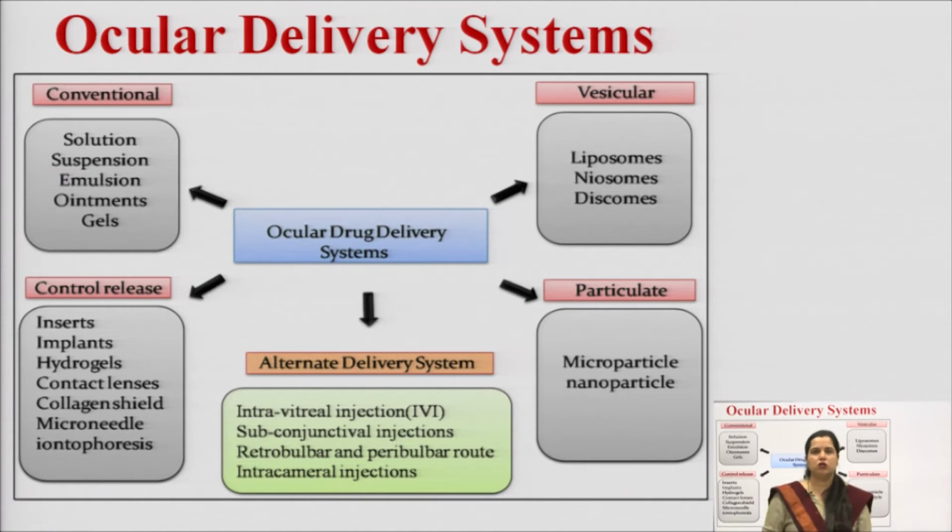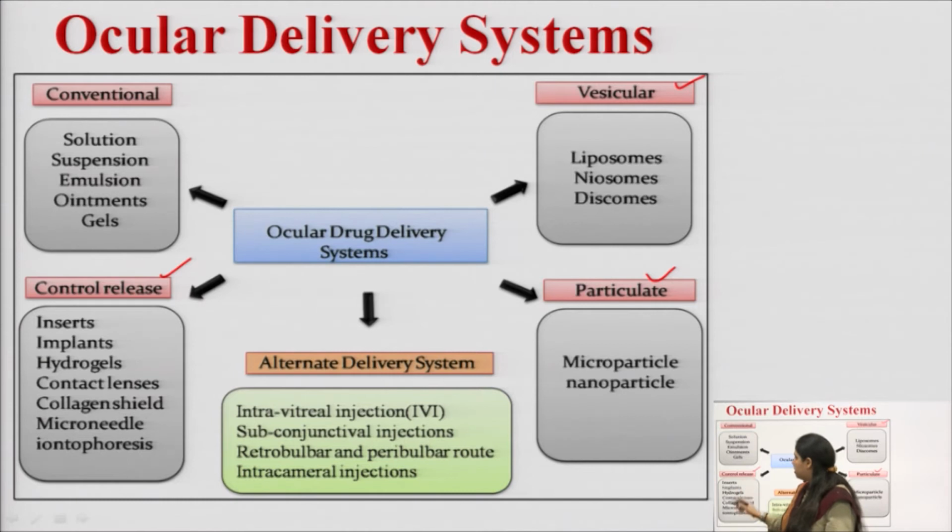Solution, suspension or emulsion are liquid dosage forms, whereas ointment and gels are semi-solid dosage forms. Now, if we talk about controlled release, what we are discussing is focused on these categories, right. These are the three categories which come under the controlled drug delivery system for ocular preparations.